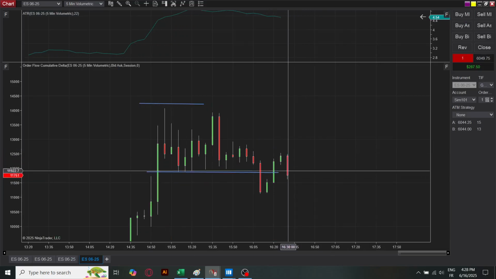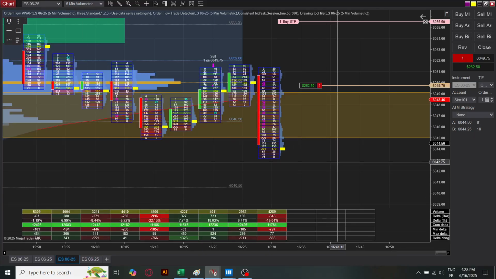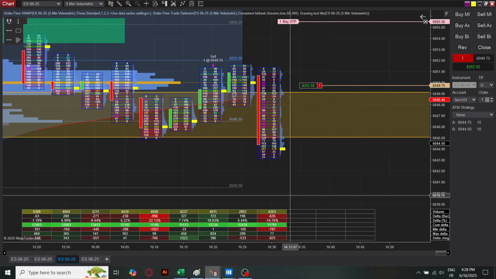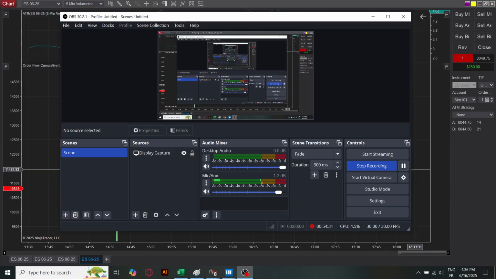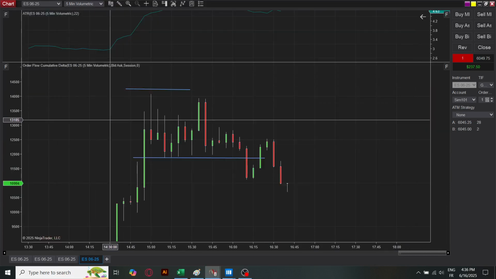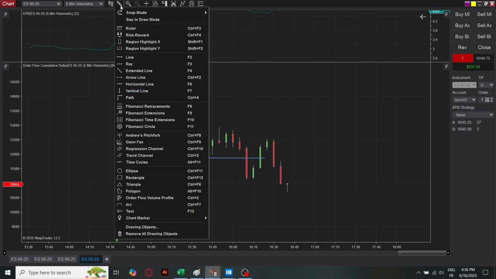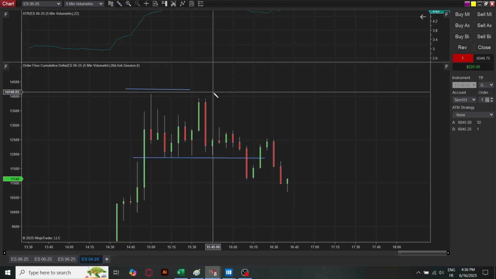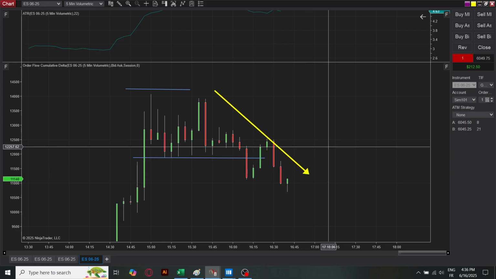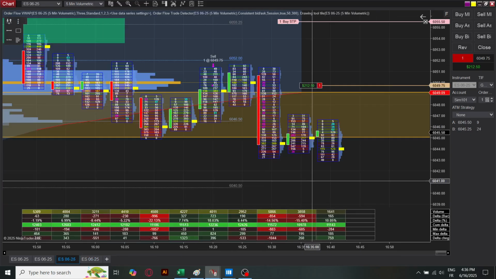This is not a strong red candle, so I think we didn't start the move yet. Okay, cumulative delta is going down, but this is very boring.